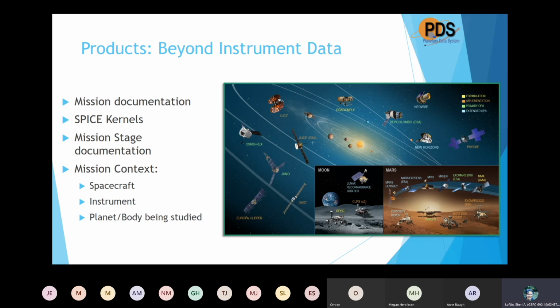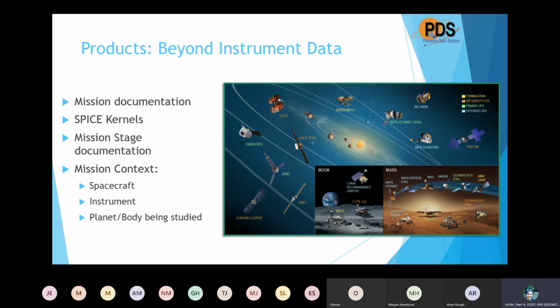And again, remember, it's not just instrument data. That may seem like the most important thing to you, but it's not everything. You need to make note of your mission documentation, SPICE kernels. You need to document the mission stages, the spacecraft, the instrument, the planet, body, moon, dust, rings, whatever is being studied.